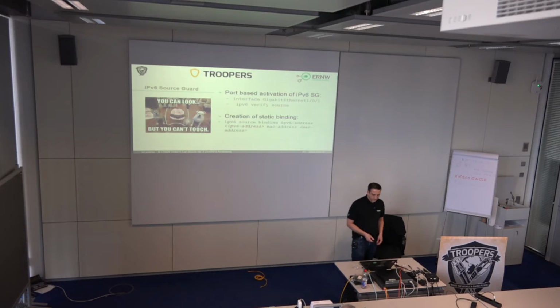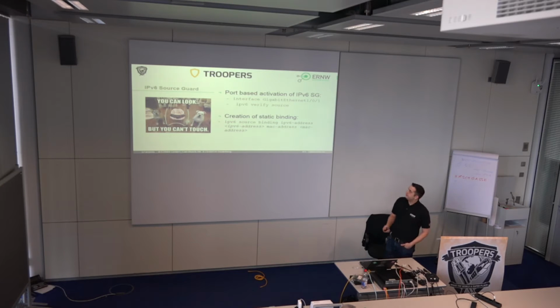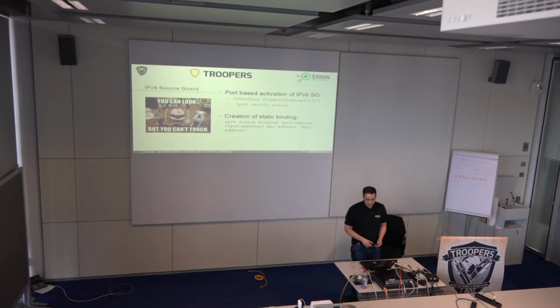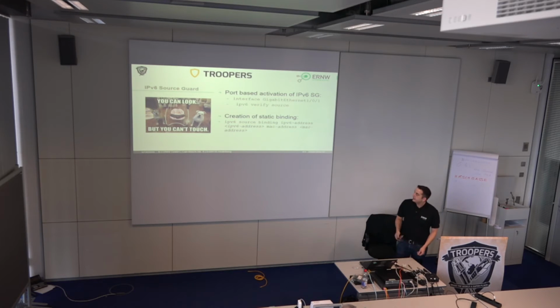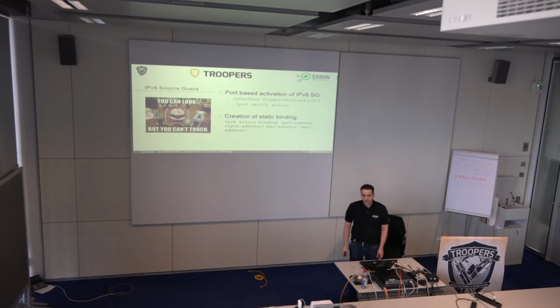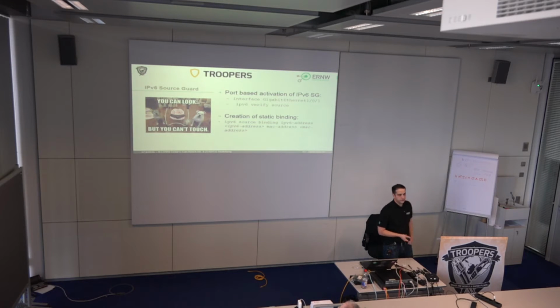Configuration-wise, it's pretty simple. We just have to activate it on the port, in this case with IPv6 verify source. And if you really want to configure static bindings, then you have to do it globally with the IPv6 source binding, the IPv6 address, and the MAC address, so that the switch knows that on this port this static binding is active and can check against it.